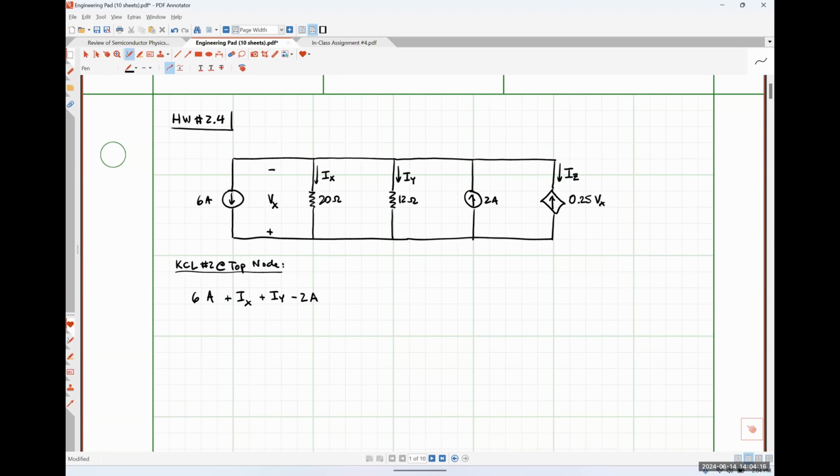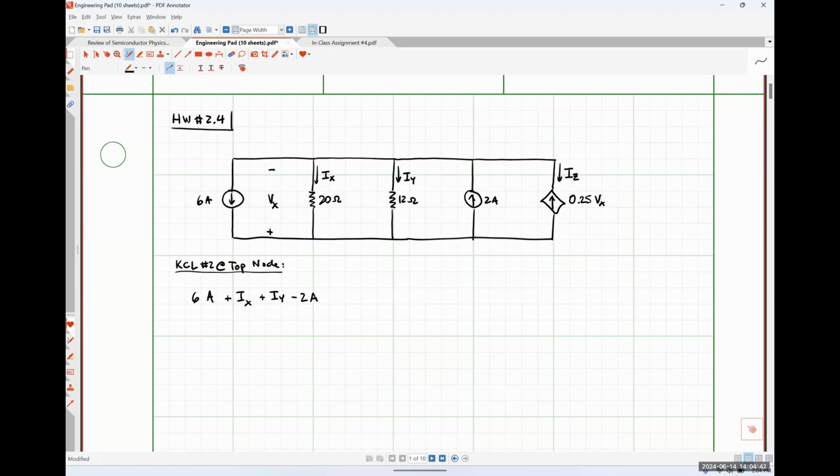For this rightmost branch, I can either choose to represent this current as IZ, or I can choose to represent it as negative 0.25 Vx. And the reason why it's a negative sign there is because the current is flowing into the node, and I am adopting a convention that currents flowing out of the node are positive.